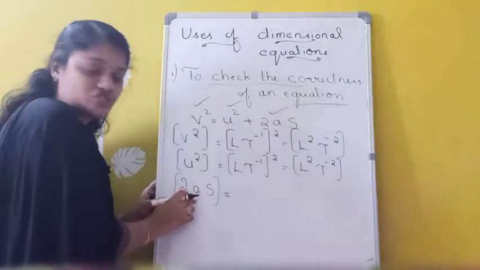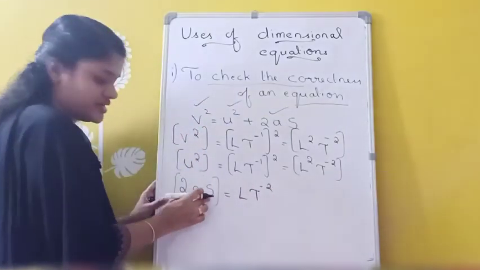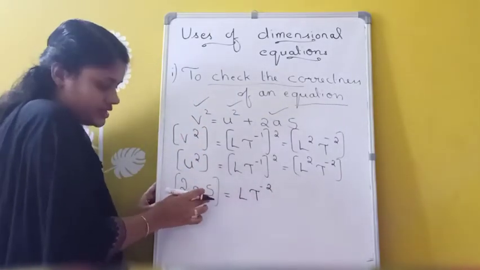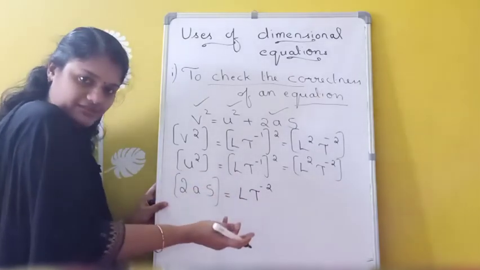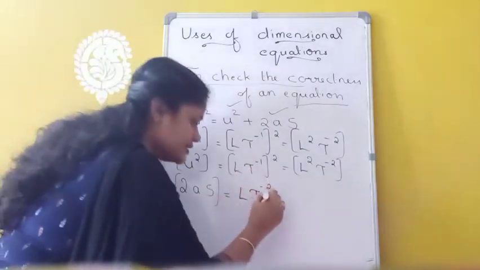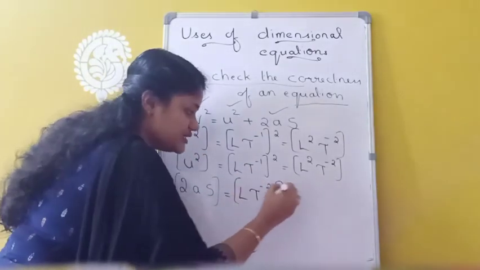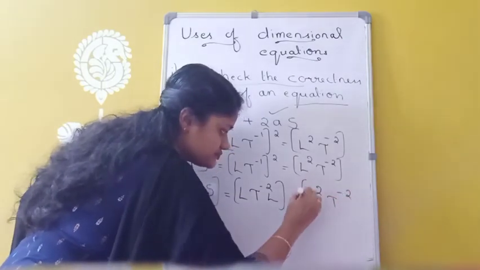LT raised to minus 2. Into what is the dimension of distance? Distance means length, L only. Whenever s comes, that is distance only, and the dimension of length is L itself. So L into L is L square T raised to minus 2.